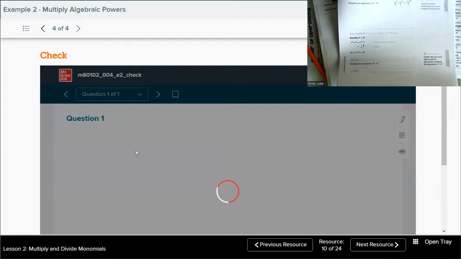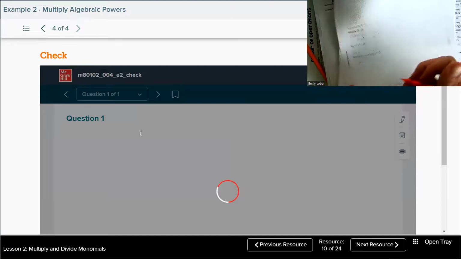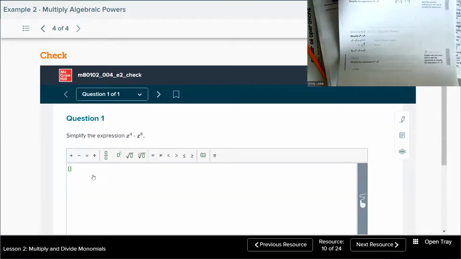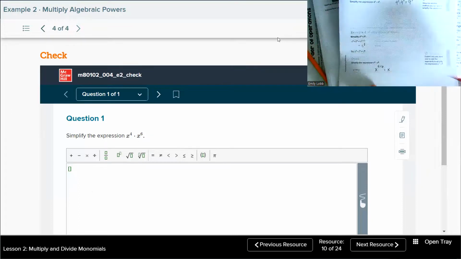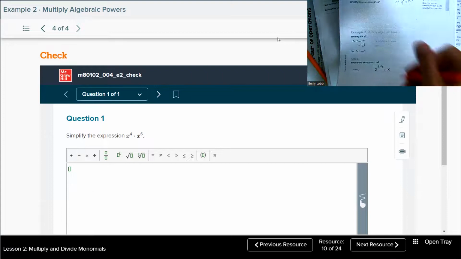So be sure this is equal to, all right, let me slide this over. This is equal to x to the 4 plus 6, which is x to what power? 10.